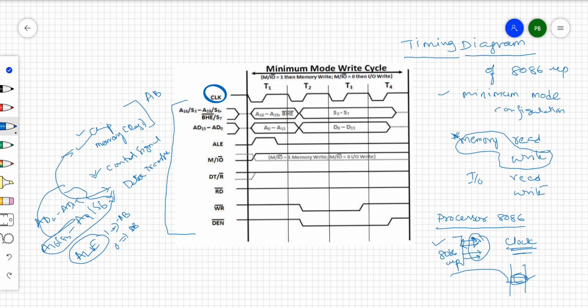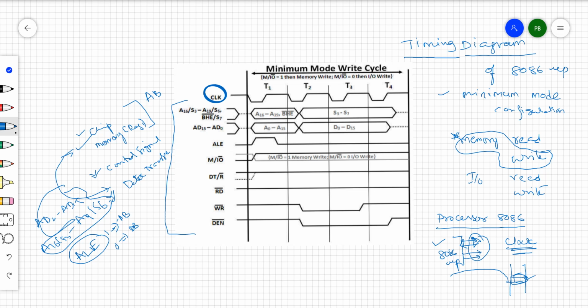Now let us see, with respect to timing, how these signals go high and low. If you draw that for the write cycle, that becomes the write cycle timing diagram.